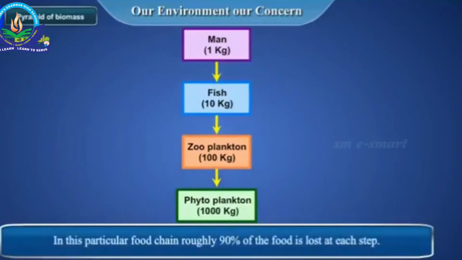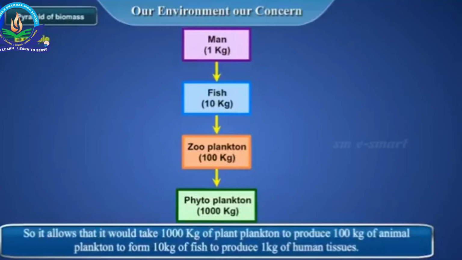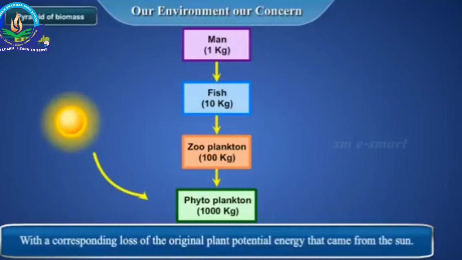In this particular food chain, roughly 90% of the food is lost at each step. So it follows that it would take 1000 kg of plant plankton to produce 100 kg of animal plankton to form 10 kg of fish to produce 1 kg of human tissue, with a corresponding loss of the original plant potential energy that came from the sun.